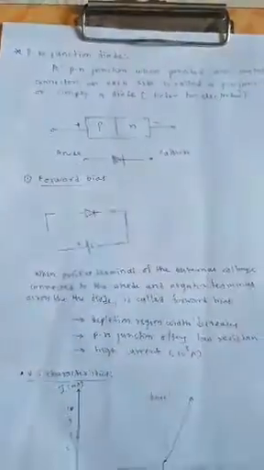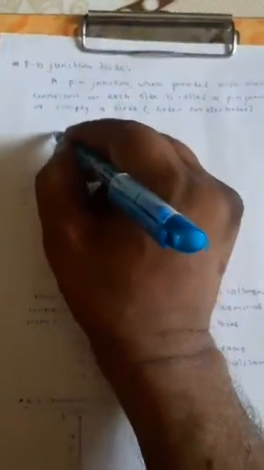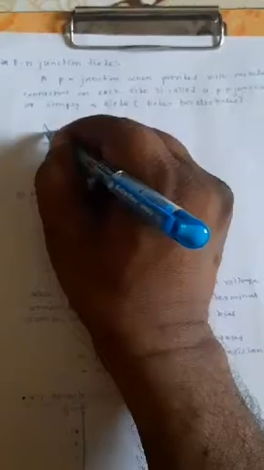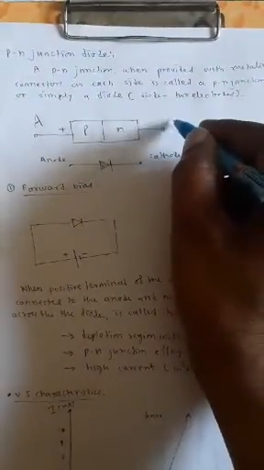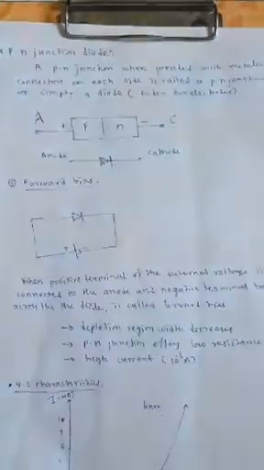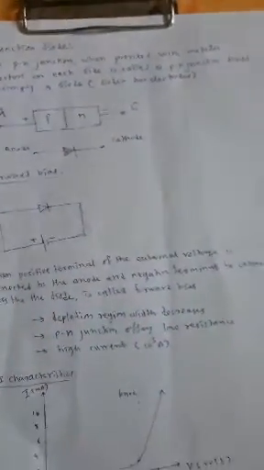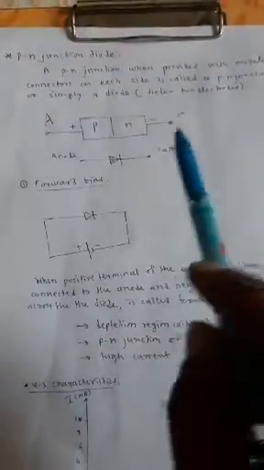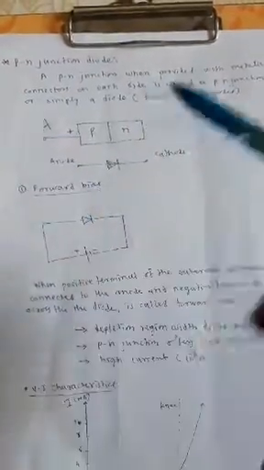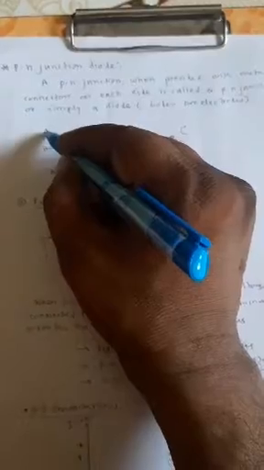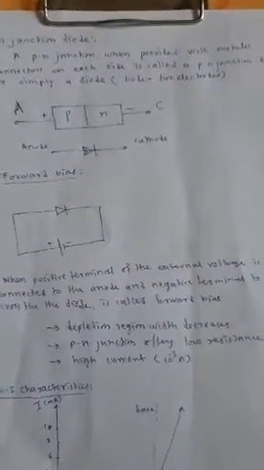It is known as anode and it is denoted by A. And another is cathode. It is denoted by C, or it is also denoted by K. Therefore, PN junction diode has two electrodes. That's why it is known as the diode.